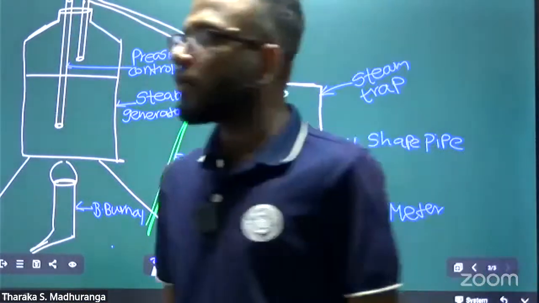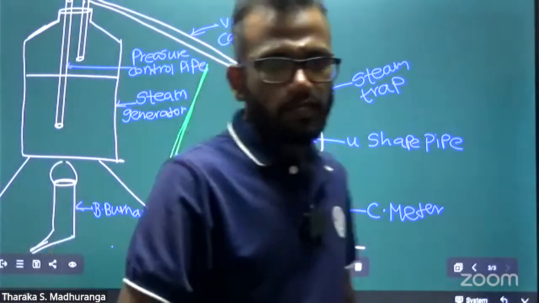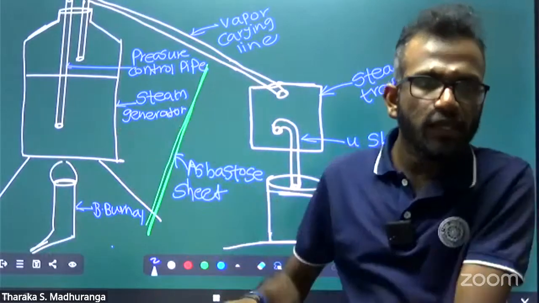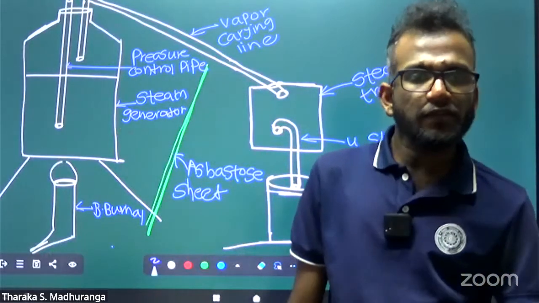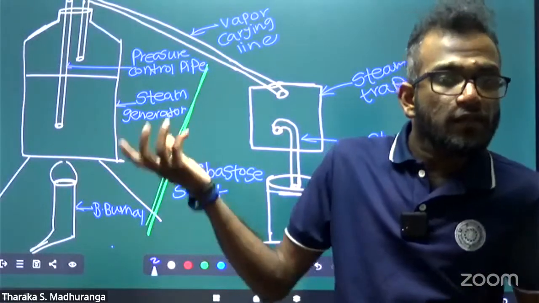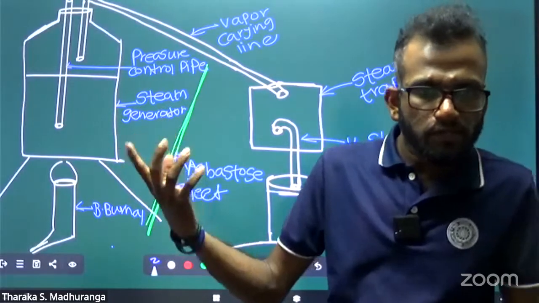Okay, understand very well what happened here. First of all, this steam generator, the boiler, is heating. Then the water starts to heat, and then the water starts to vaporize.